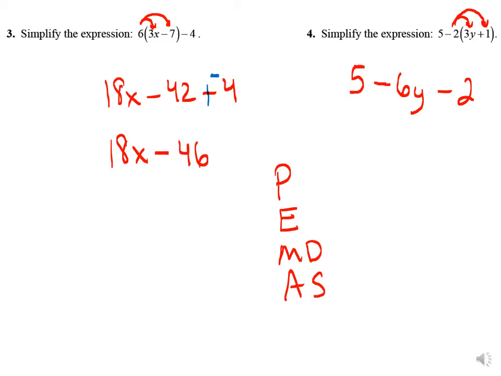Once you get rid of all parentheses, all distributions, all multiplication, now you can add or subtract, but 5 minus 2 is a 3. Is it okay if I put 3 minus? Perfect, I was waiting for that question to happen here. The question is, Mr. H, can I put the 3 in front? Absolutely. You can write it like that, or you can write it as 3 minus 6y. Those two are perfect. Just write it like that.